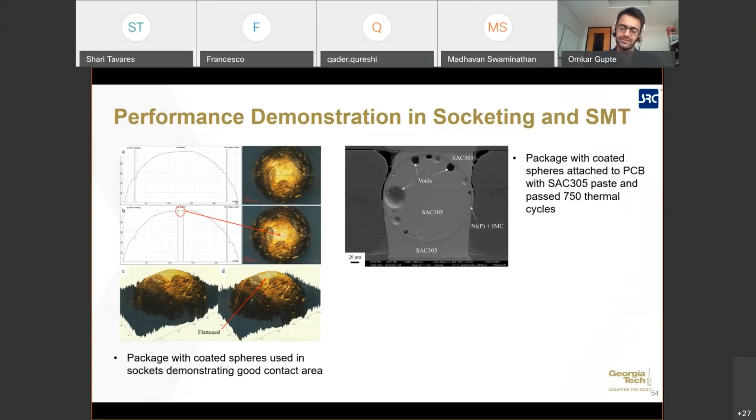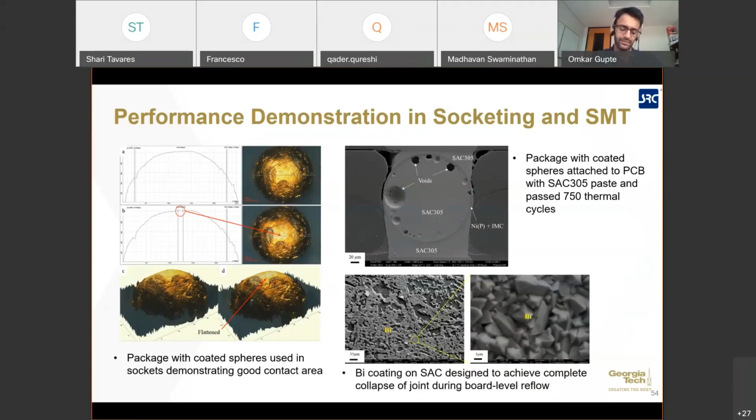When used in SMT applications, after attaching it to the board, different configurations of packages were able to survive up to 750 thermal cycles. Although there were some issues with this coating, like we could see a lot of voids due to the volume shrinkage, and we could not get rid of this intermetallic shell.